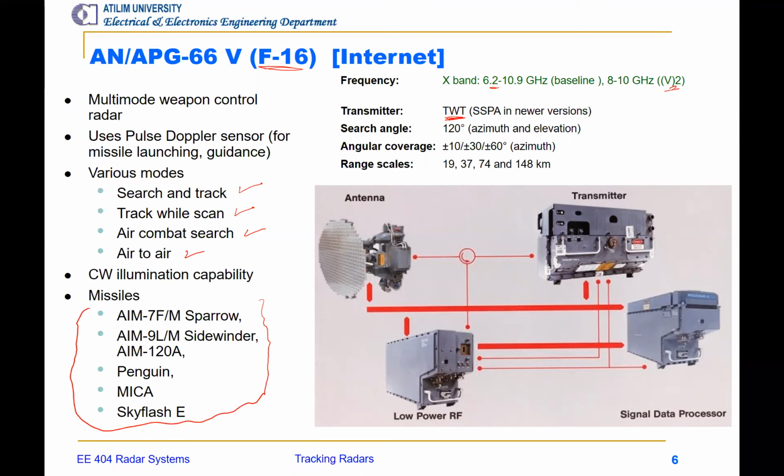And it covers 120 degrees in azimuth, and it may have some angular coverage depending on the modes that are chosen. Its range might be from several tens of kilometers up to 150 kilometers, depending on the operational modes.